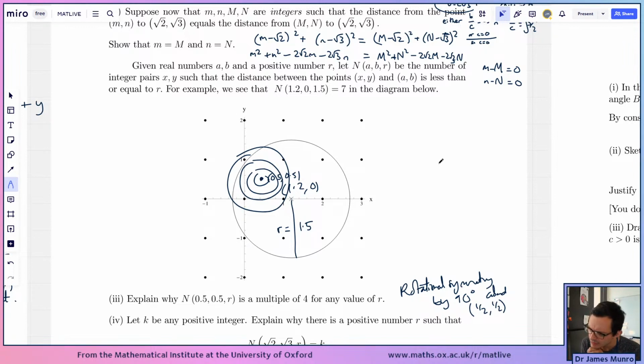Yeah, okay, so this is hard to explain, isn't it? We're starting near the point (0.5, 0.5), and we're looking for points that are within a distance of r. And I'm claiming that they turn up in a multiple of 4 because of rotational symmetry. But that is a bit vague. Particularly, there's circles that look a bit like this. Oh, it's one of the greatest circles anybody's ever drawn.